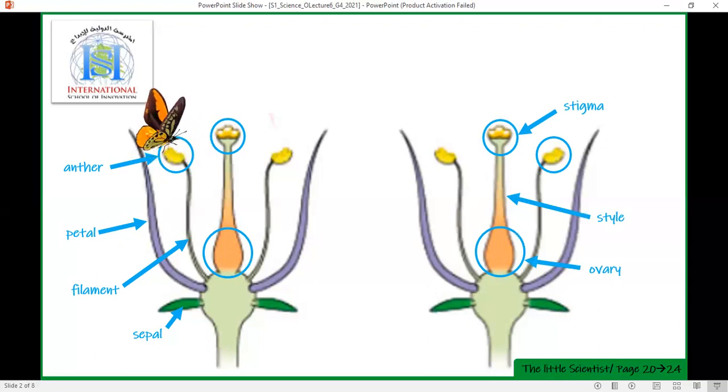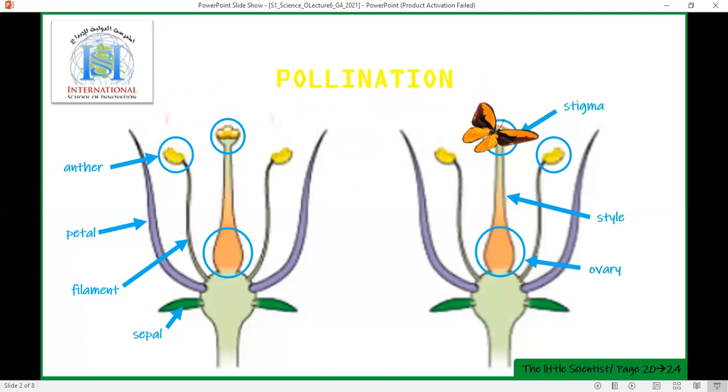A pollinator, such as a butterfly, transfers pollen grains from the anther of the stamen to the stigma of the pistil. That's what we call pollination. So pollination is when pollen grains are transferred from the anther to the pistil.